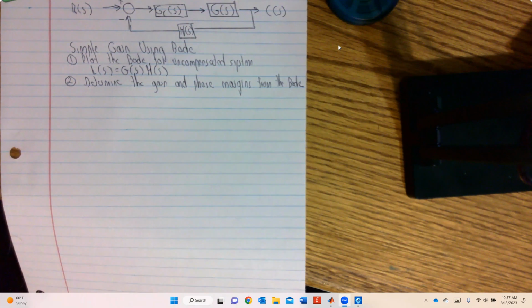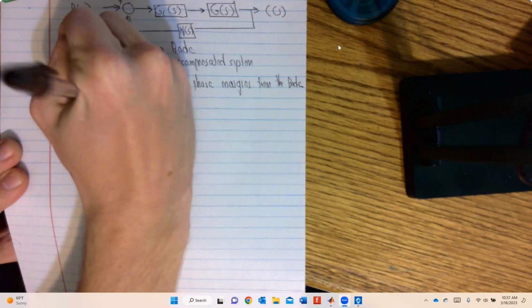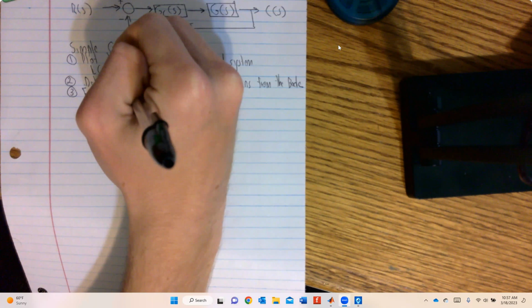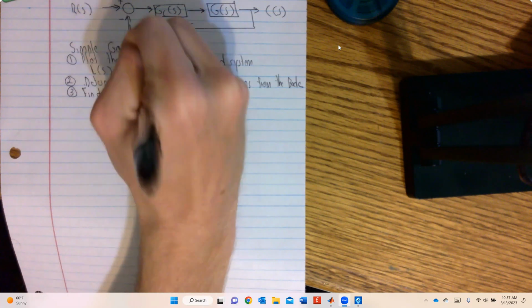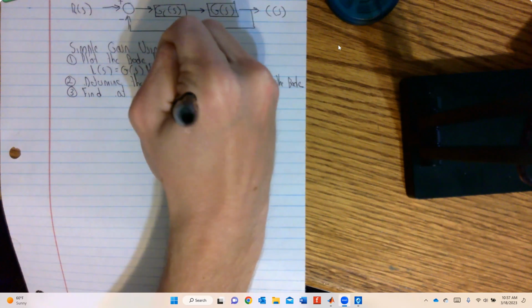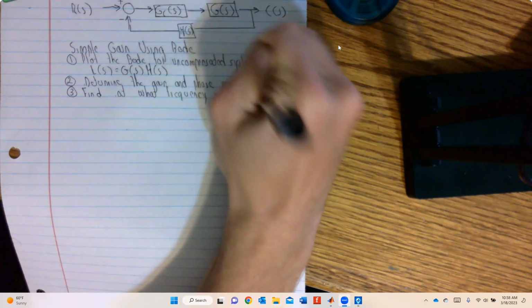What we have to do then is find basically how much we need to add to give us the system that we want. So find at what frequency we meet the desired specifications.